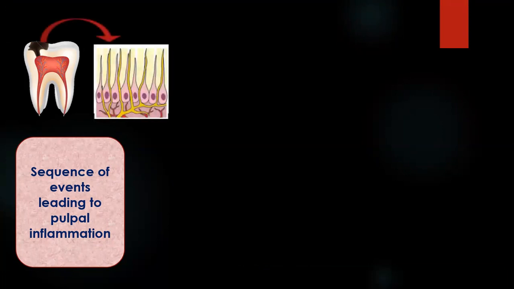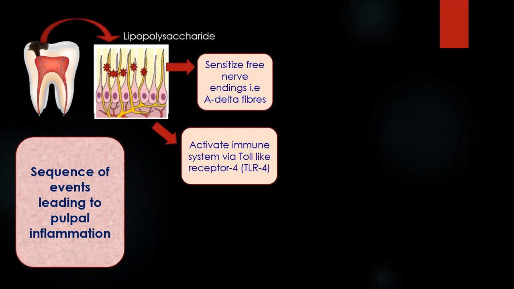So the sequence of events that leads to this pulpal inflammation pain is: we have caries, we have bacterial exposure that will lead to the release of toxins like lipopolysaccharides and other endotoxins and exotoxins by the bacteria, the debris and everything. So this will sensitize the free nerve endings at one end, and at the other end it will activate the immune system, right?